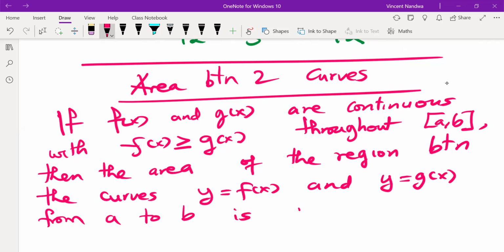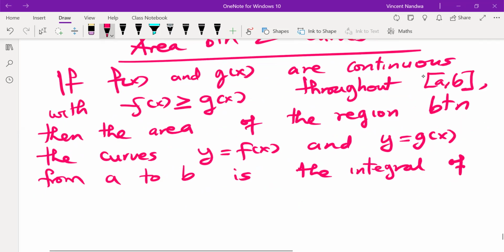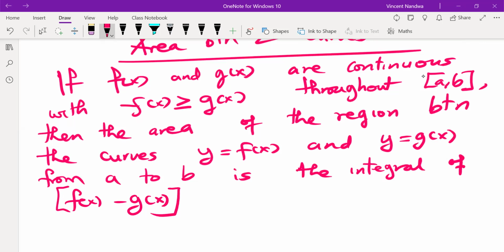is the integral of f of x minus g of x from a to b.